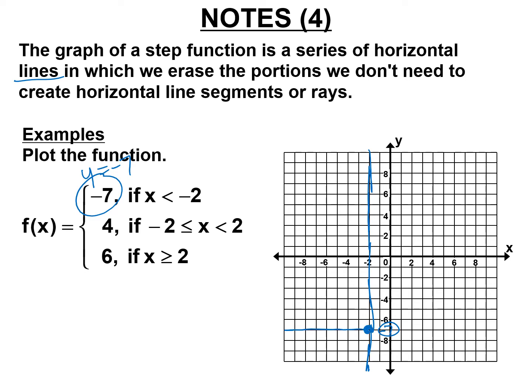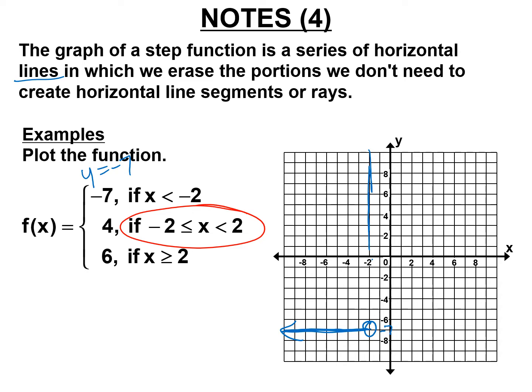So for any x that is less than -2, y is going to be -7. Of course, it's going to be an open circle because it's less than. The middle section says if x is between -2 and +2, f of x equals 4, or y equals 4.